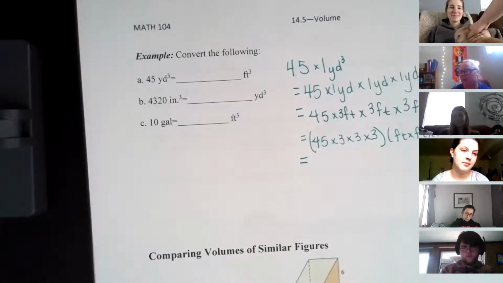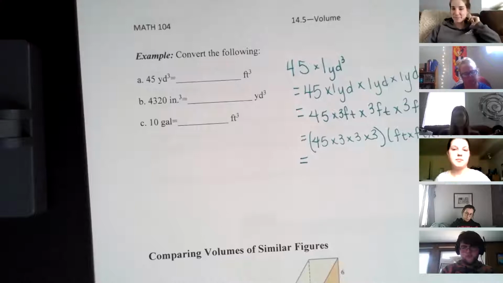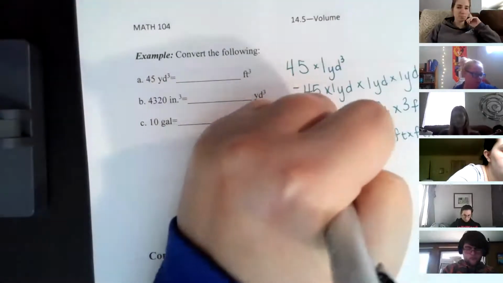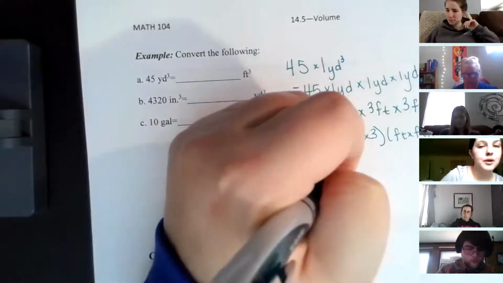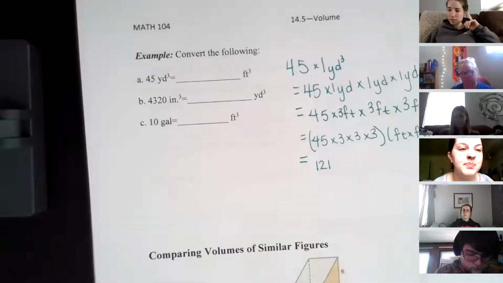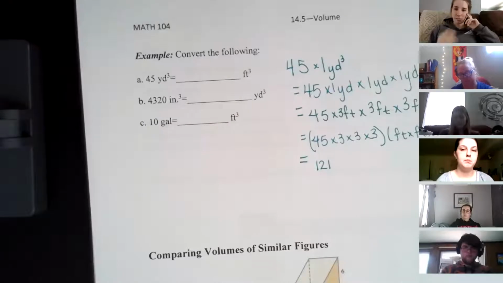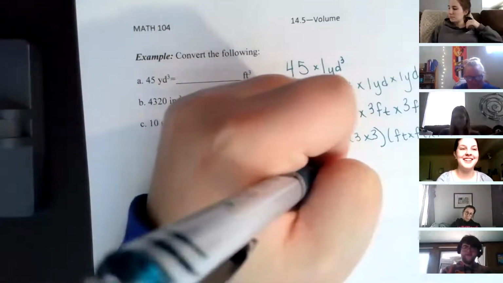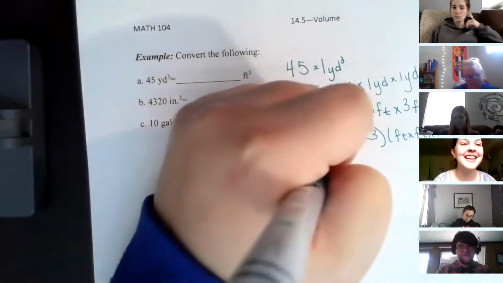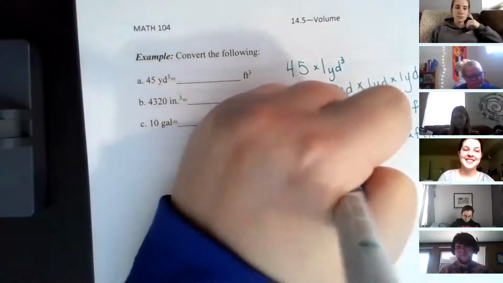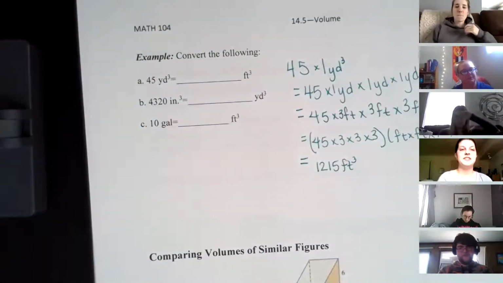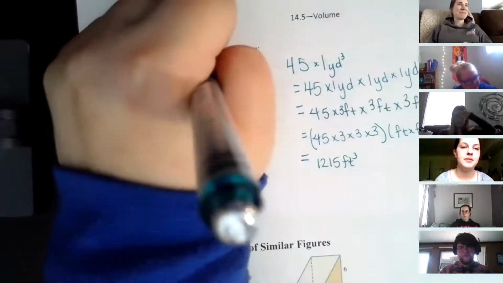It's 9 times 45. Or wait, no, I did that wrong. It's times 27, not 9. Oh, see, Sophie, you messed me up. I'm sorry. There we go. 1215.